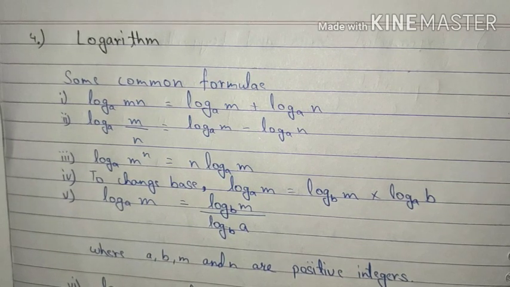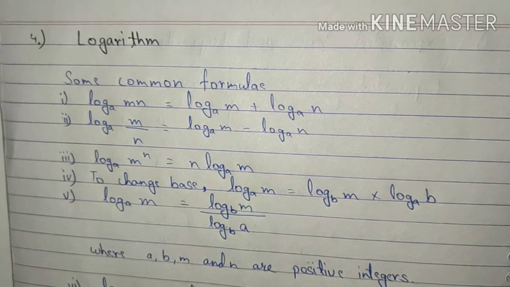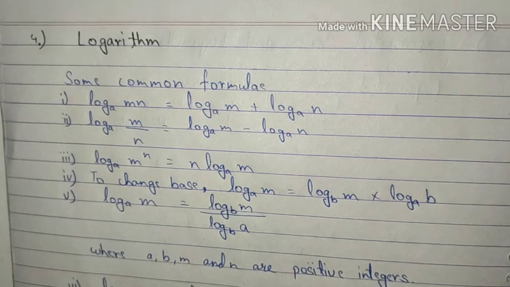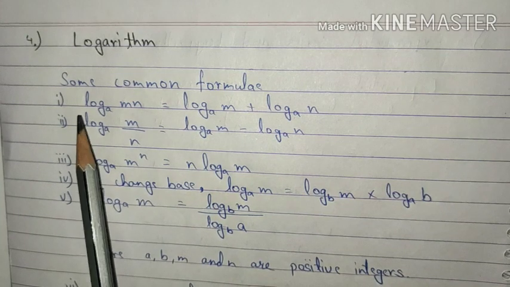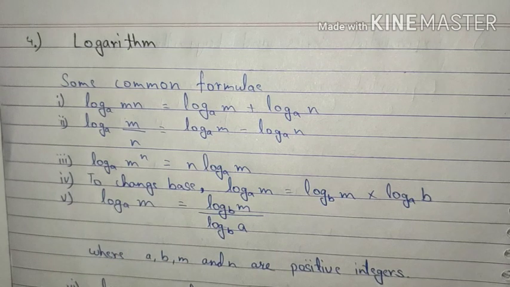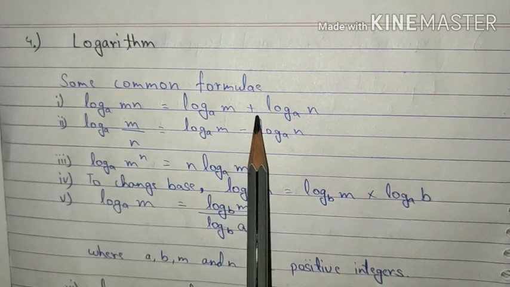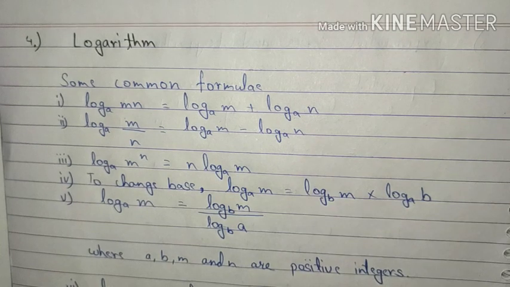Let's move on to the next topic, which is logarithm. You've already studied this in your previous classes. However, there are certain basic formulas which you'll be using over here also. So we'll just revise it. Log to the base a of mn can be written as a sum of log to the base a of m and log to the base a of n.